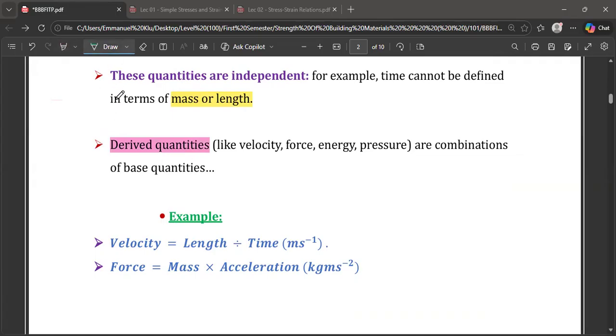An example of a derived quantity can be what? Velocity, let's say pressure, energy, and then the rest. Because at the end of the day, the combination of two or more base quantities is going to provide some of these quantities to us.